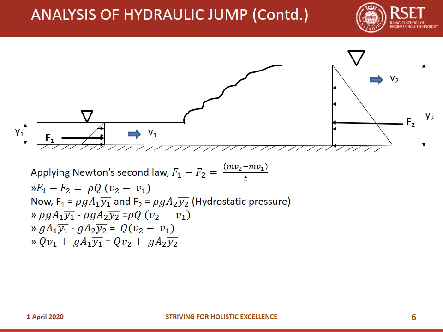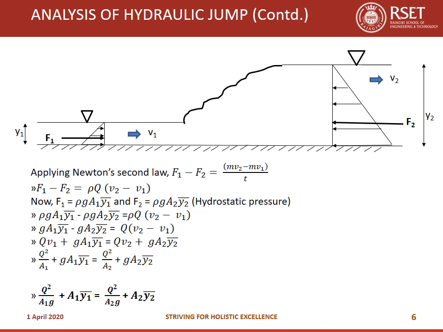Now V1 is discharge divided by area 1, and V2 is discharge divided by area 2. Substituting that, I get Q squared by A1 plus g A1 Y1 bar equal to Q squared by A2 plus g A2 Y2 bar. Now dividing throughout by g, I get Q squared by A1 g plus A1 Y1 bar equal to Q squared by A2 g plus A2 Y2 bar.